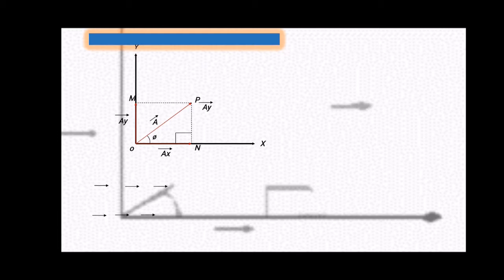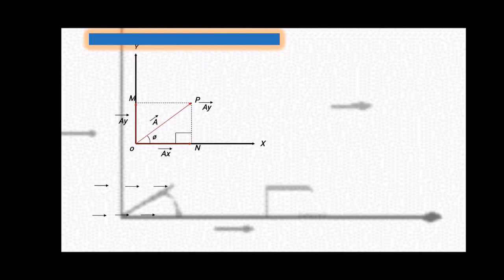As you can see in the graph, we have the point A, and it represents a resultant vector on points O and P. Through point O, it separates two components in the x and y direction axis. The two components are A sub x and A sub y on vectors ON and OM respectively.